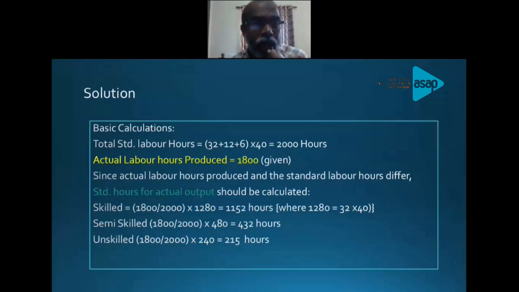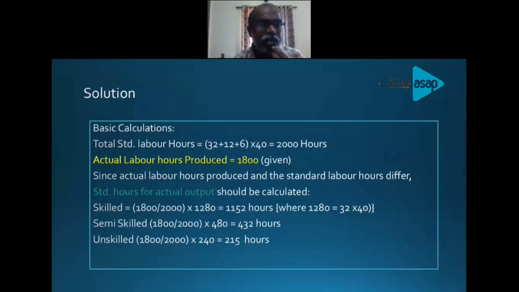In case of semi-skilled workers, the standard number of semi-skilled employees is 12, and they were also expected to work for 40 hours. So 12 into 40 is 480. So 1,800 divided by 2,000, that is the proportion between the actual hours produced and the standard.